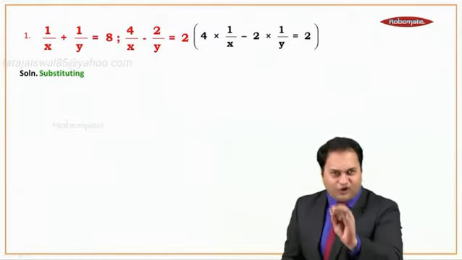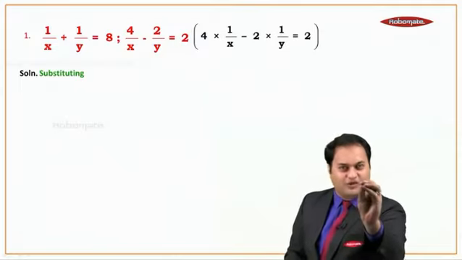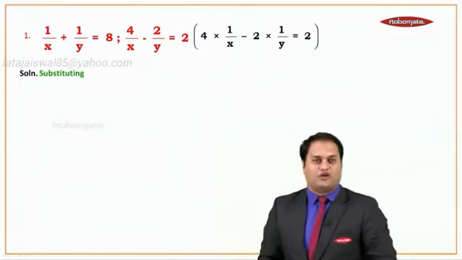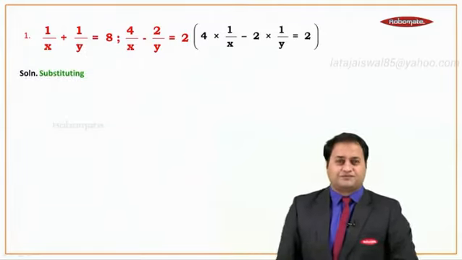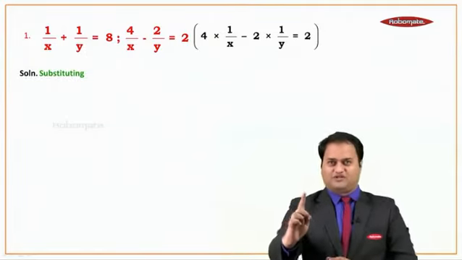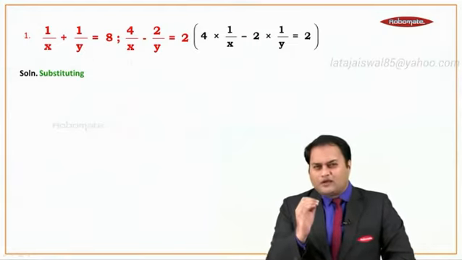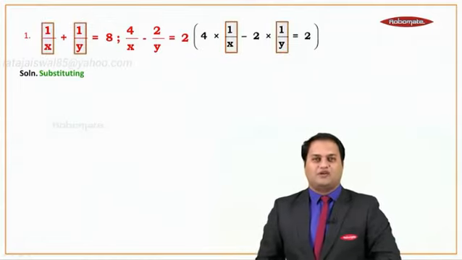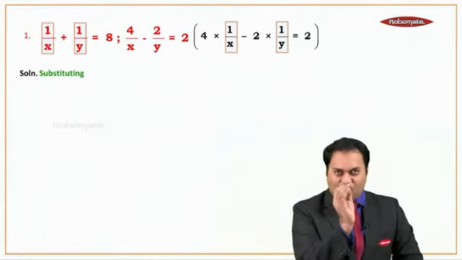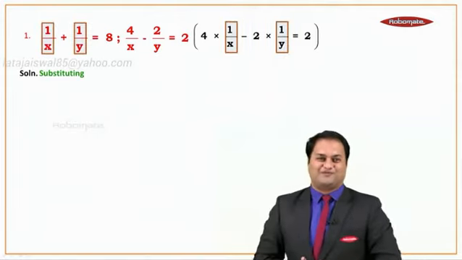Just for your understanding, not to be written in the exam, we are writing the equation in the form of 4 into 1 upon x minus 2 into 1 upon y is equal to 2. Now look at both equations. Can you see something common there? In both equations, 1 upon x is a common term, and 1 upon y is also a common term.